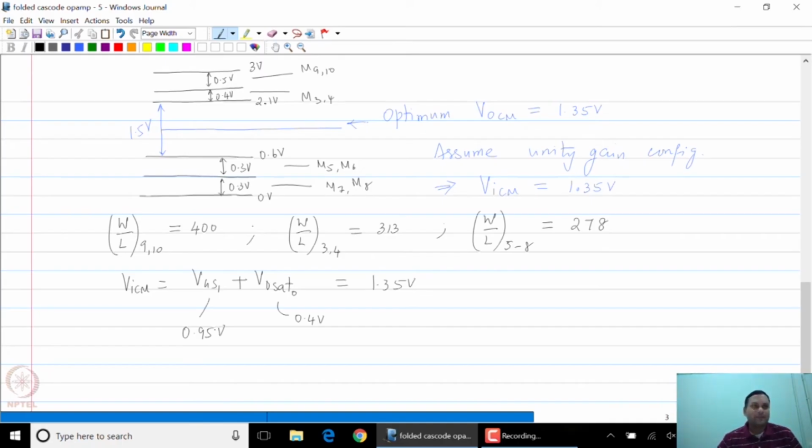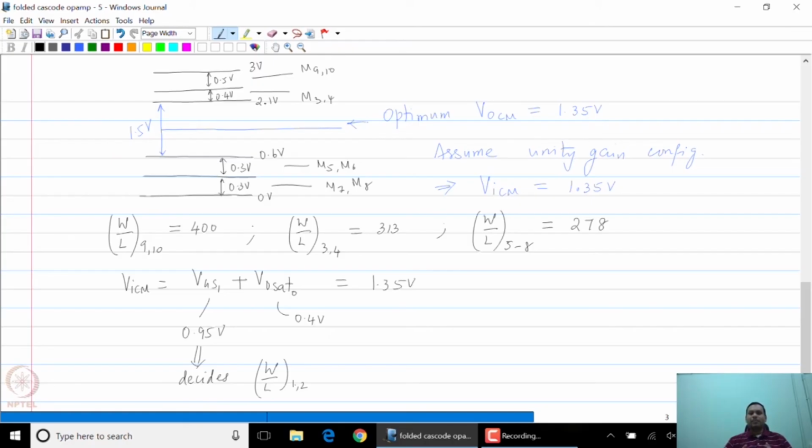If we fix it this way, this will decide the VGS1 and the W over L of M1 and M2 also. So this will give you M1 and M2.